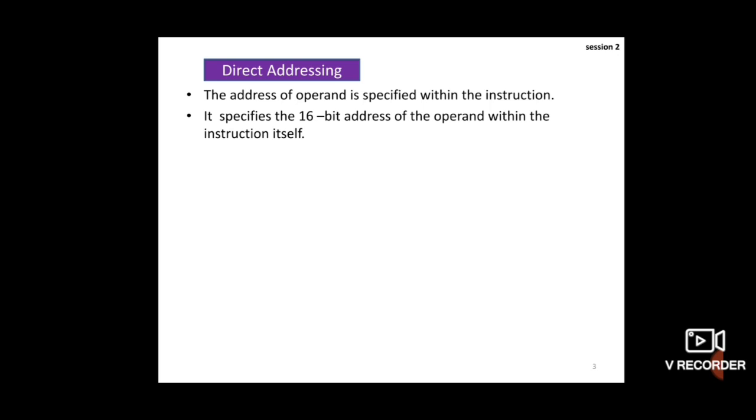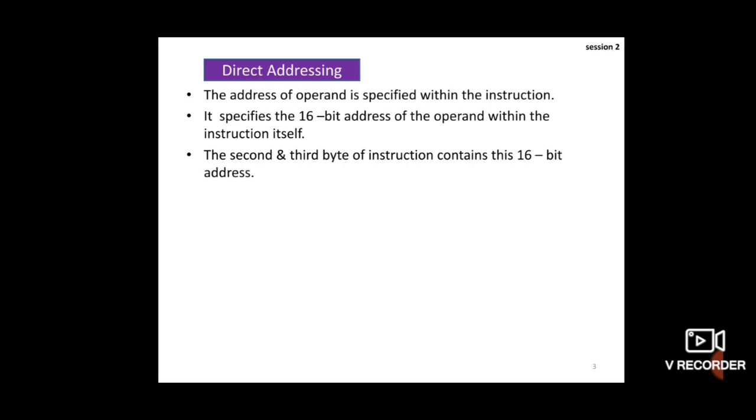One thing to remember: if an address is specified, it is a 16-bit address. The second and third byte of the instruction contain this 16-bit address.